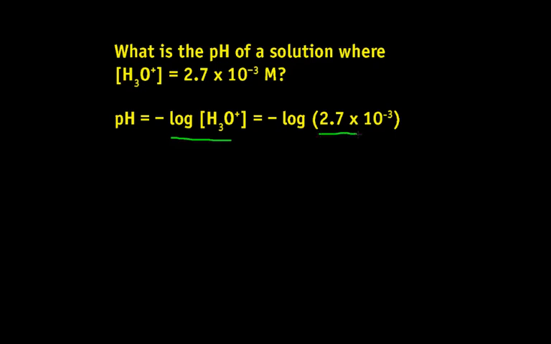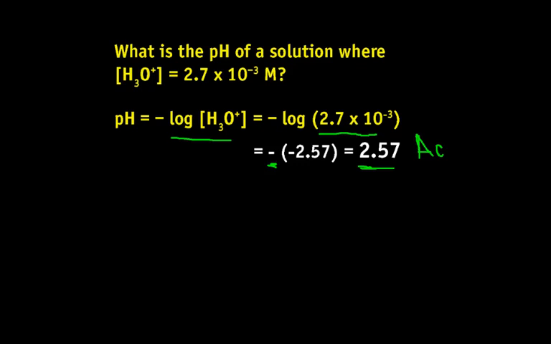So we'll put our concentration in, and then find the logarithm of 2.7 times 10 to the minus 3. And you'll find that that is minus 2.57. Well, there's already a negative sign in front of the equation, so that means that the pH is plus 2.57.